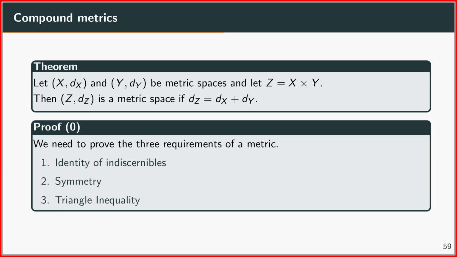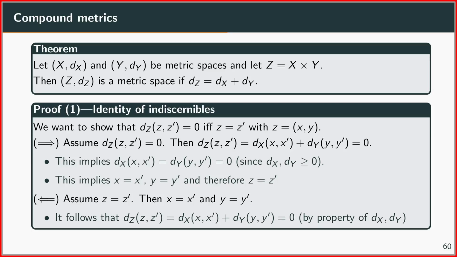And if you want to see that this is actually true, you have to also go over the same proof concept. So you have to go over the three identities here, over those three properties of a metric, and you have to prove for each of them that the sum of those two spaces is actually again a metric.